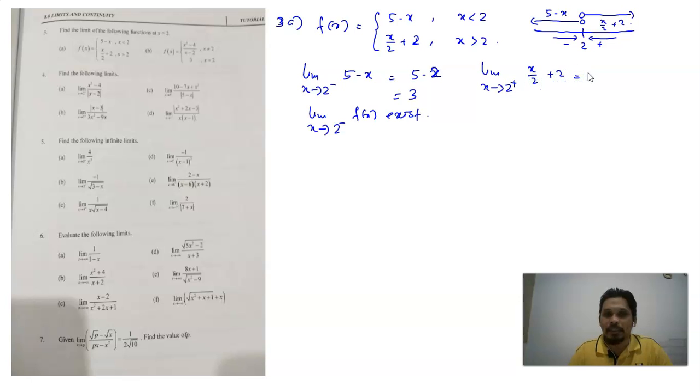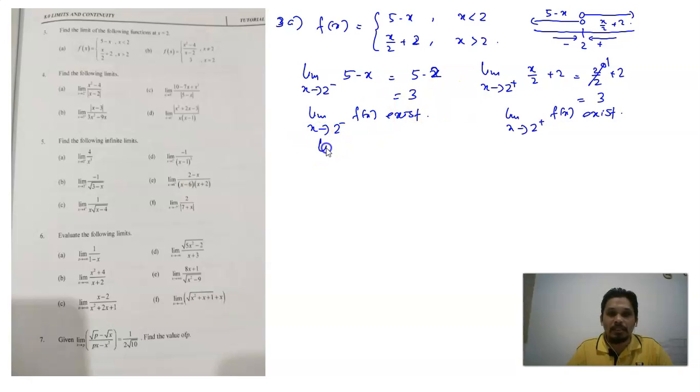Now we substitute x equal to 2 here, so 2 over 2 plus 2. Then this is 1, 1 plus 2 equal to 3. The limit as x approaches 2 from the right of the function f(x) exists.